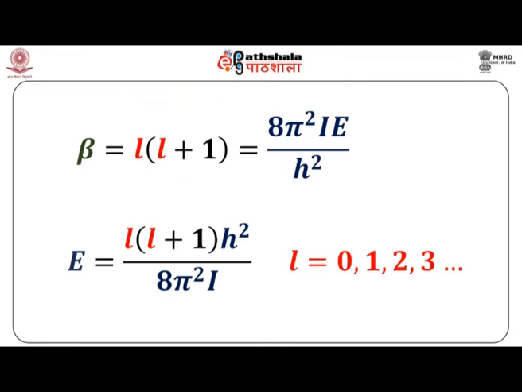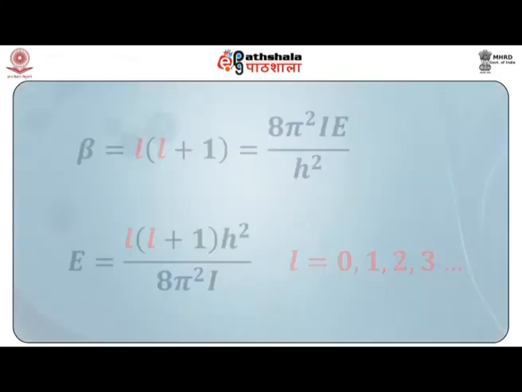So substituting it back, we get the total energy E equal to L into L plus 1 h square upon 8 pi square I. Here L can have the value 0, 1, 2, 3.